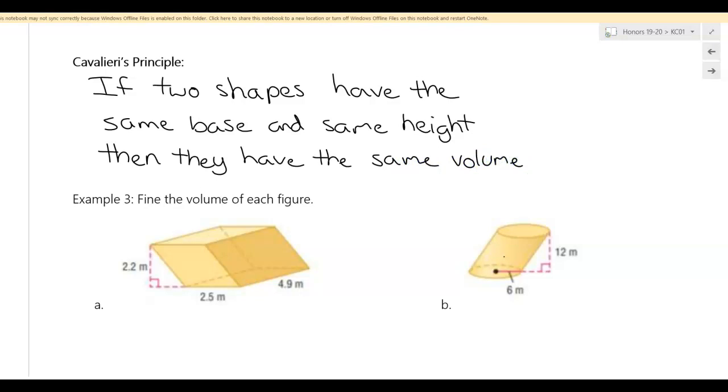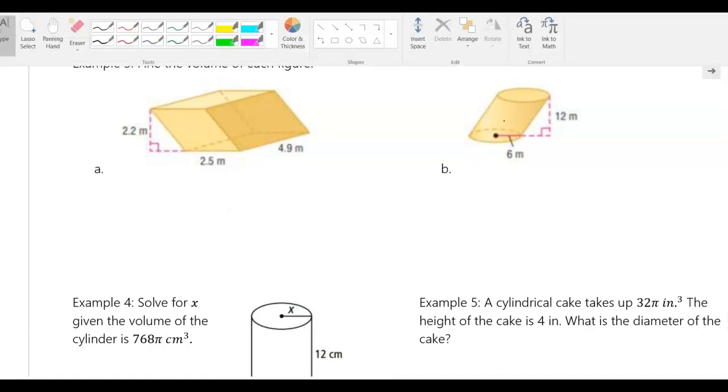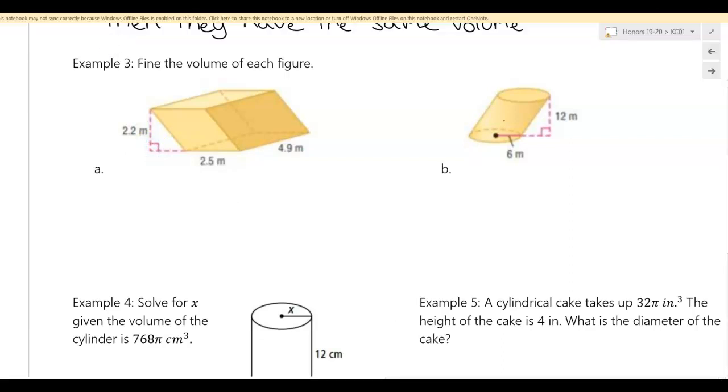And again, all it's saying is I should treat these problems where they're skewed like this, and it gives me this 90-degree height, the same as if it was straight up and down.